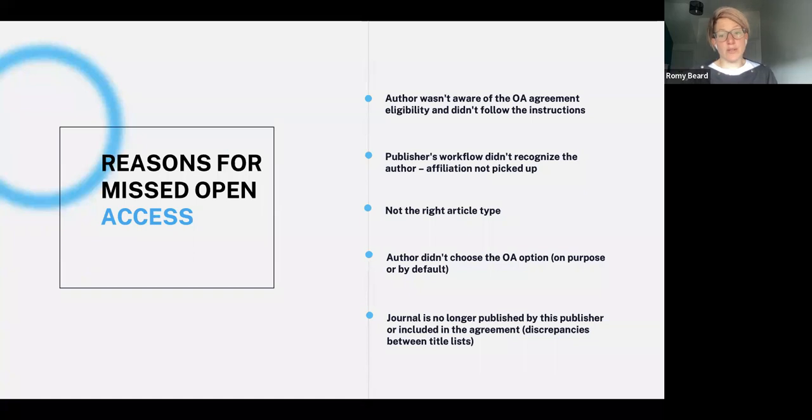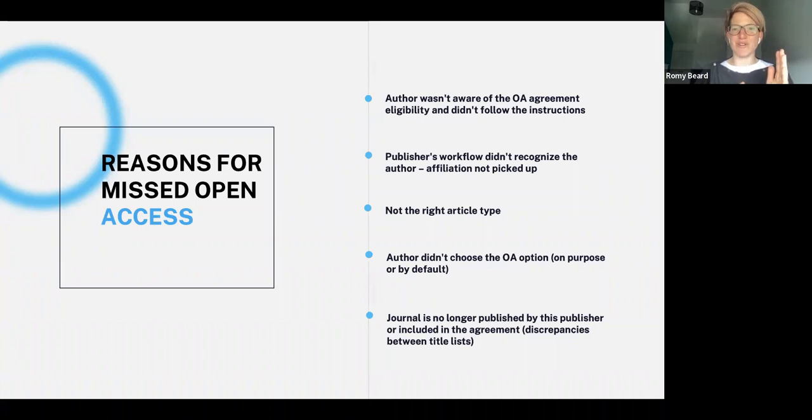Then it could be because as an author, maybe you didn't choose the open access option in one of the steps, or because open access wasn't the default. I think some publishers like Cambridge, I know, work quite a lot now on making sure open access is the default. And if you don't want to publish open access, you actively opt out, whereas some are the other way around.